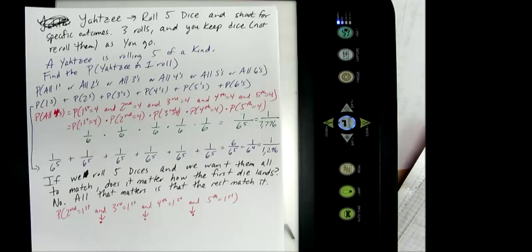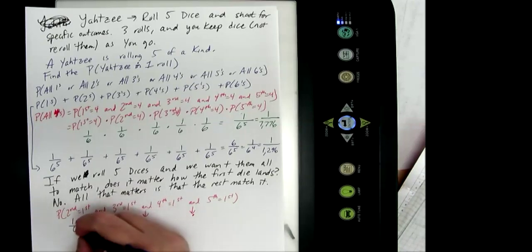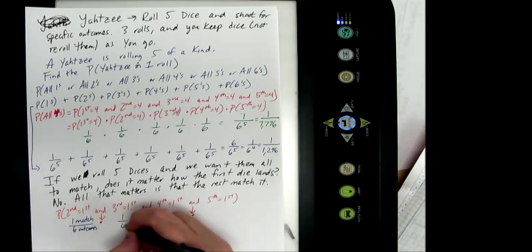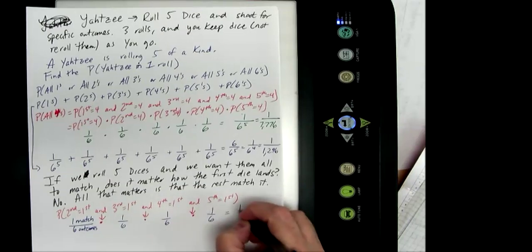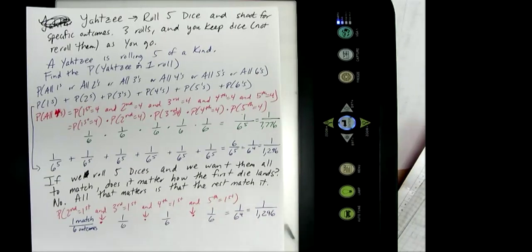It doesn't really matter what the first die landed on, my second die only has one way to match it out of the 6 outcomes. So there's one match over 6 outcomes. Each of these is 1/6. And when we multiply that together, we get 1/6 to the 4th power, or 1/1296.